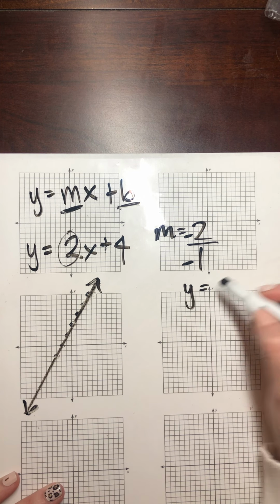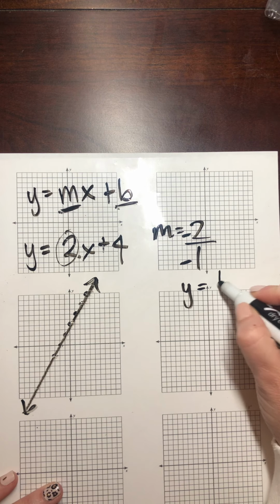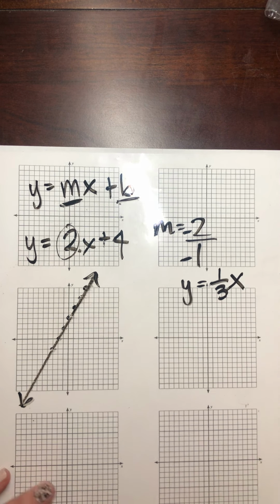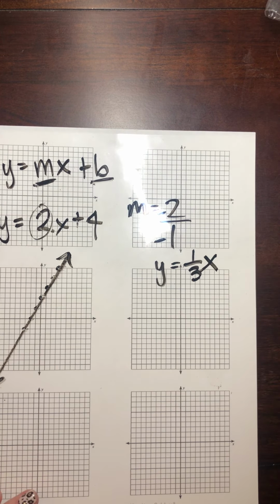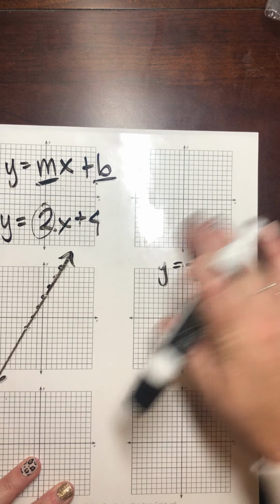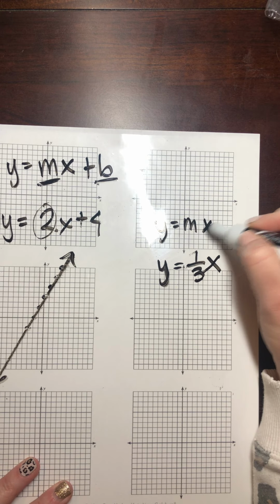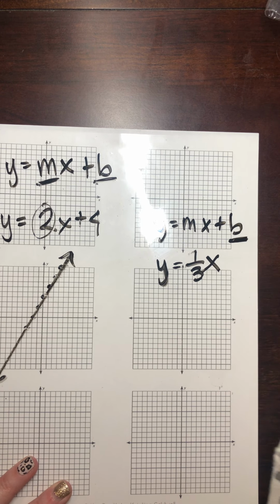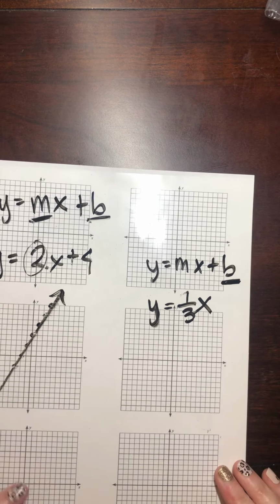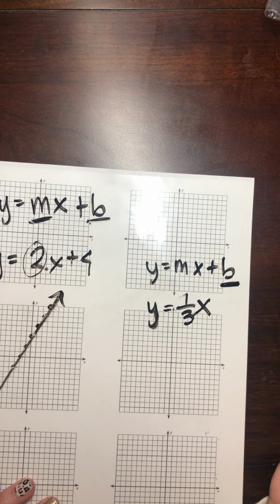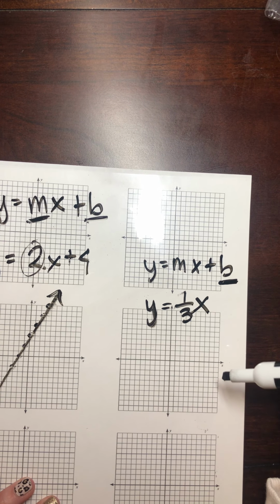y equals 1/3 x. Okay, so remember, I want it to look like y equals mx plus b because I'm supposed to start at b. Notice that this one does not. Something is missing.